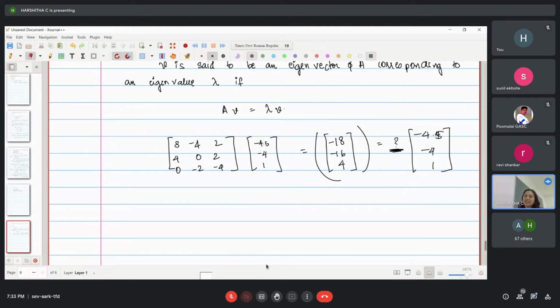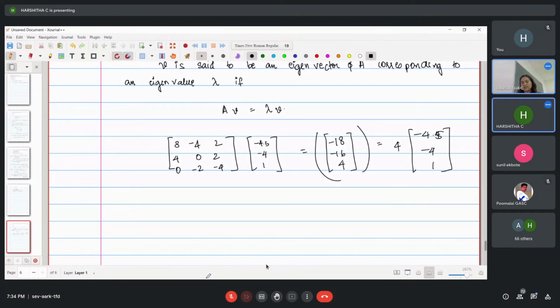Just the first entry will tell you. So 4 times minus 18 minus 64 is 4 times this vector. So the eigenvalue corresponding to this eigenvector is 4.